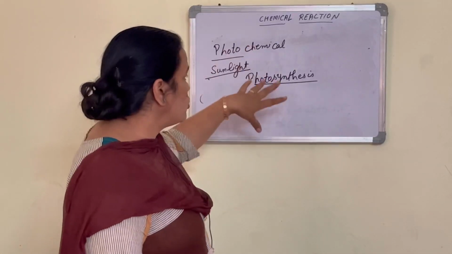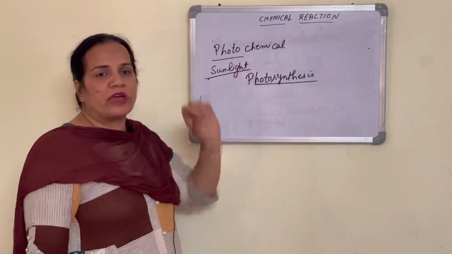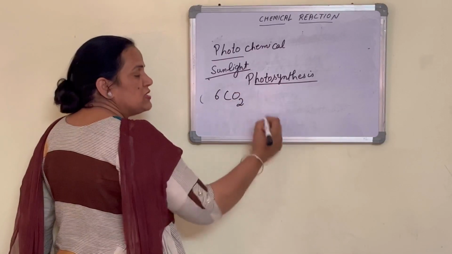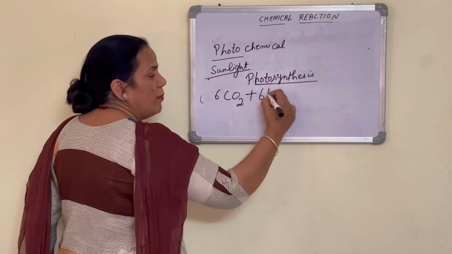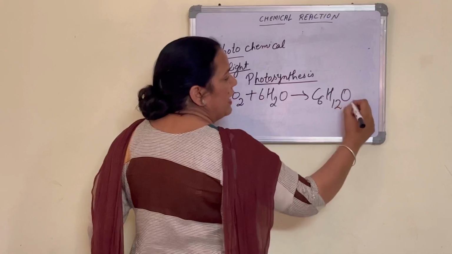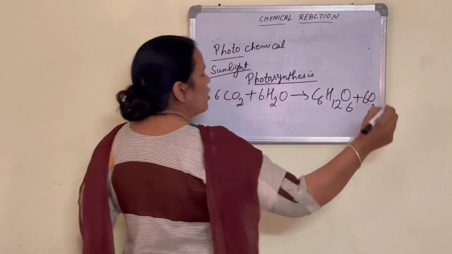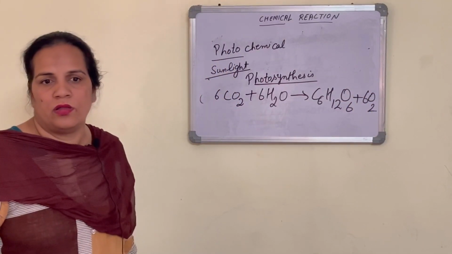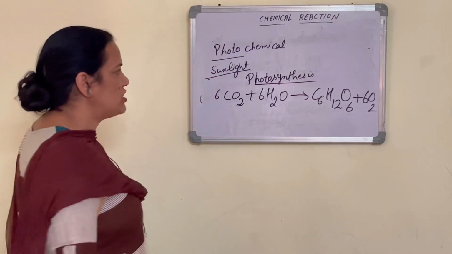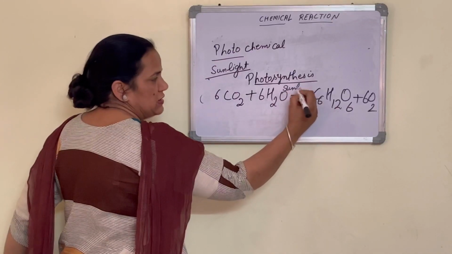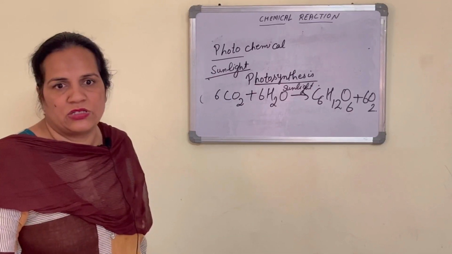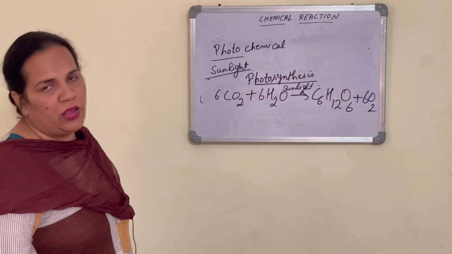In photosynthesis, 6 carbon dioxide molecules combine with water molecules to form glucose molecules with the release of oxygen molecules. You have to write sunlight here because this reaction takes place in the presence of sunlight. So this reaction is a photochemical reaction.